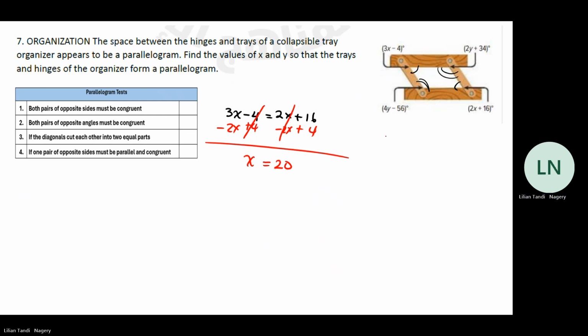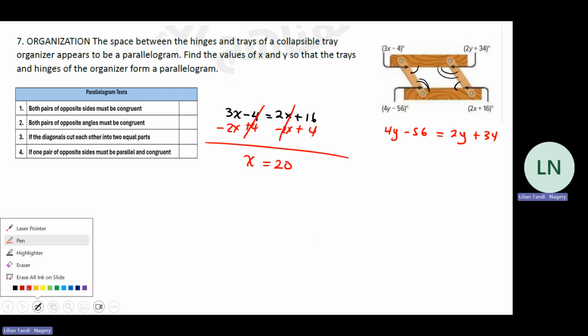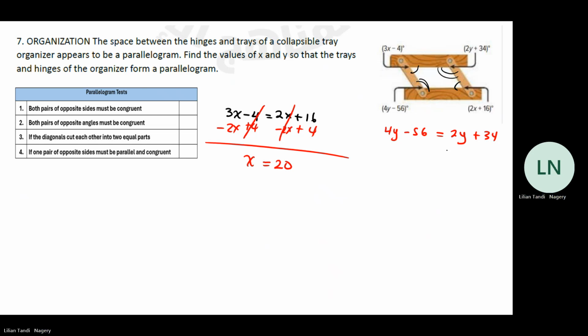Then find y. 4y minus 56 is equal to 2y plus 34. Then let me take another pen. Negative 2y, plus 56, plus 56.